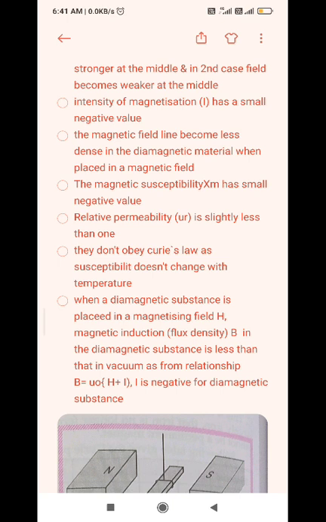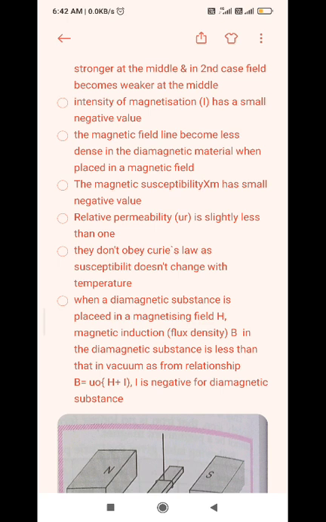And susceptibility is also positive and has a small value. And they obey Curie's law, that is, the susceptibility of the paramagnetic substance is inversely proportional to its absolute temperature.